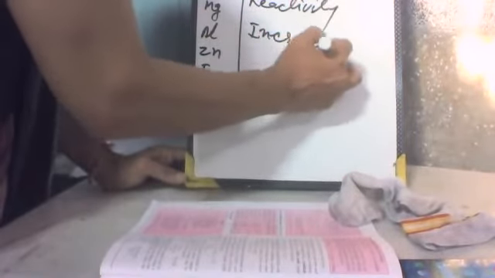When we go downwards in the periodic table, the reactivity of a substance increases.